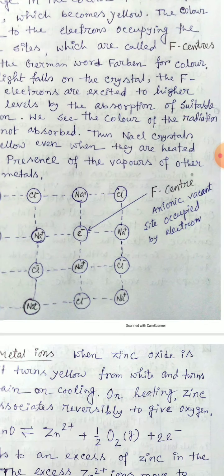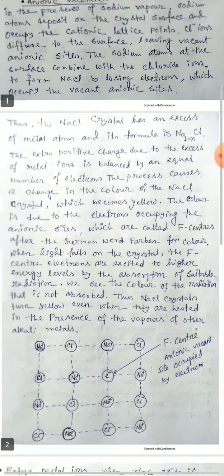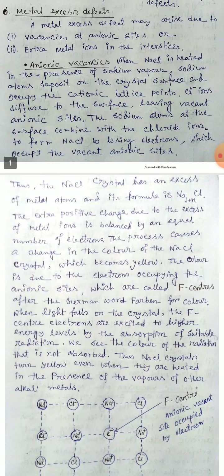So what is the actual phenomenon that occurs during the heating of NaCl? When sodium chloride is heated in the presence of sodium vapor, sodium atoms deposit on the crystal surface and occupy the cationic lattice points.